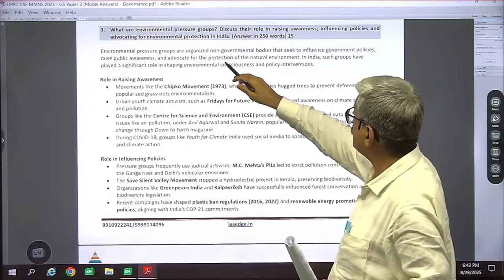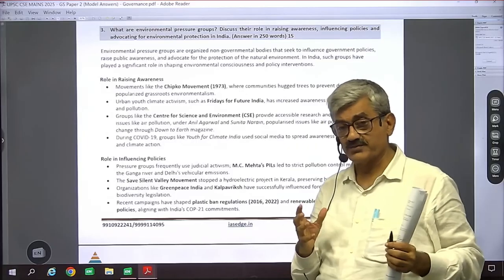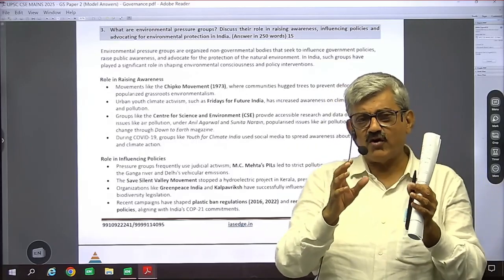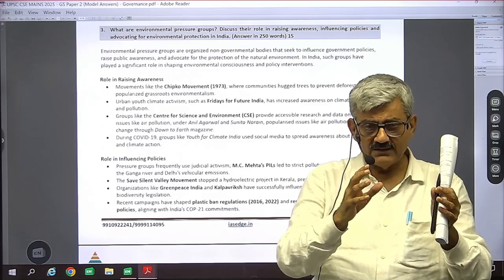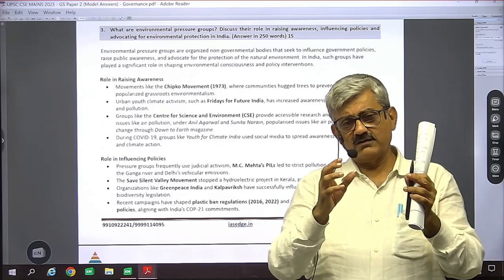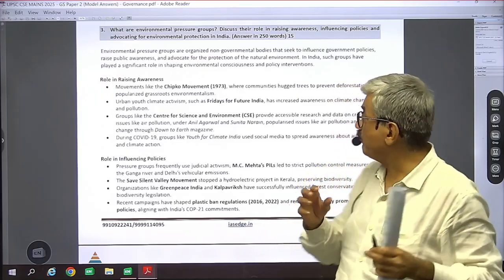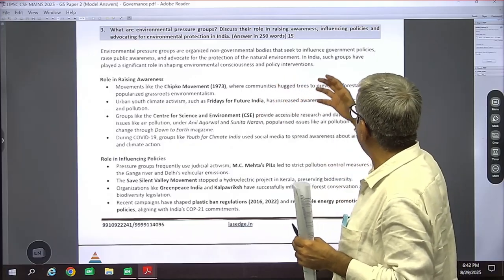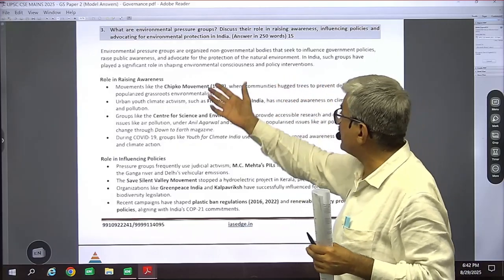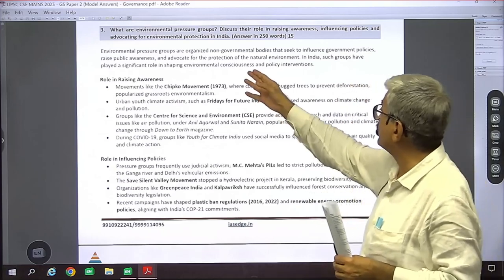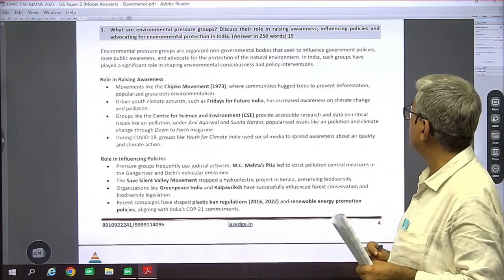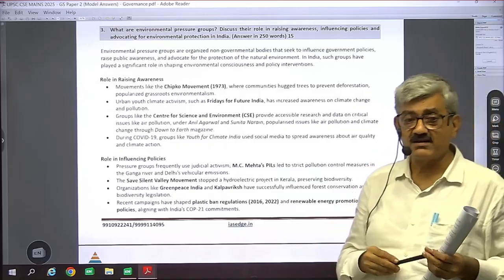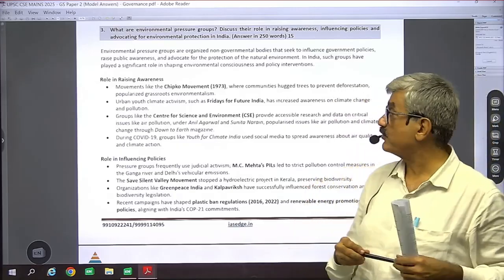This time they have asked about environmental pressure groups. This is a group advocating for the protection of the environment, for keeping the environment clean, influencing government policies, raising public awareness, and advocating for the protection of the natural environment. These are the basic theoretical demands and theories about these pressure groups.